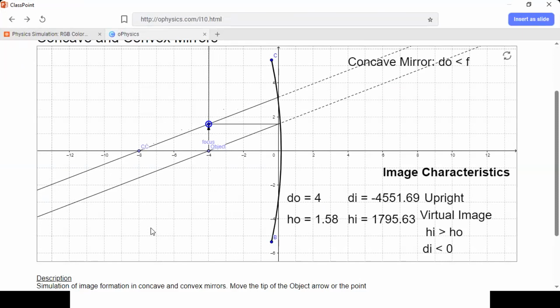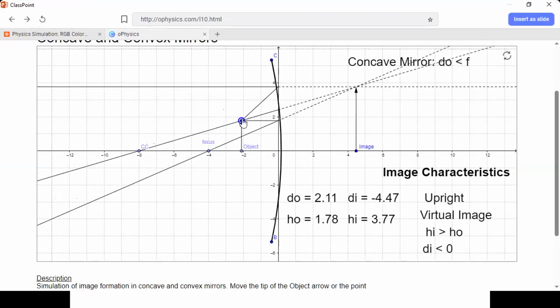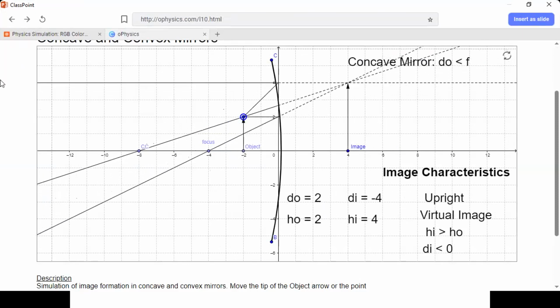You would not be able to see any image if you stand at the focal point of the concave mirror. What if I place the object at the focal distance, not the focal point, here? See how the image is created? What is the image right now? It is upright and virtual. Why do we call it virtual?